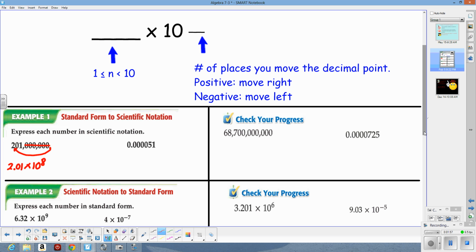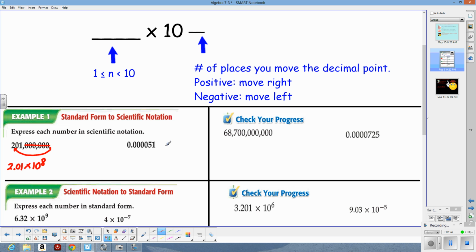Now, one thing I forgot to mention up here with scientific notation is that positive exponents are for really large numbers and negative exponents are for really small numbers, the numbers between 0 and 1. Since this is a large number, it's going to be a positive exponent of 8.